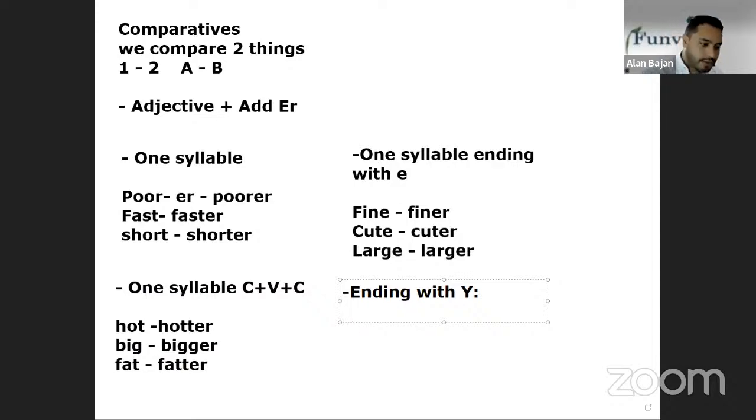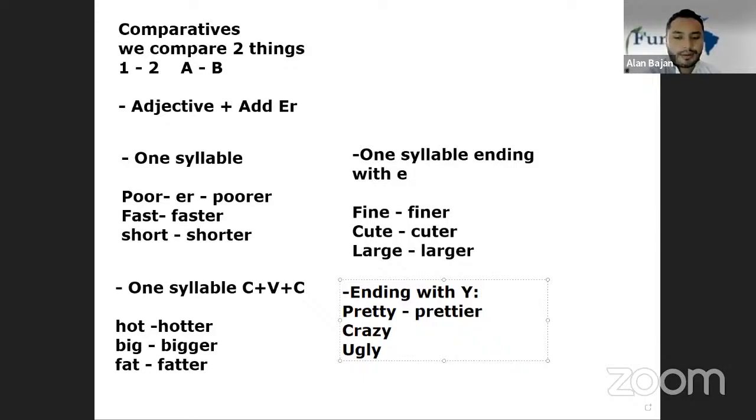So for this one, we have pretty, crazy, ugly. With these adjectives, we delete the last letter and we add I-E-R. Prettier. Crazier.